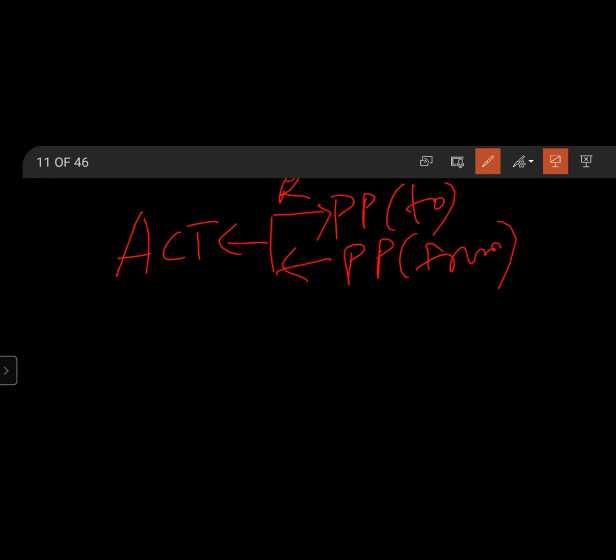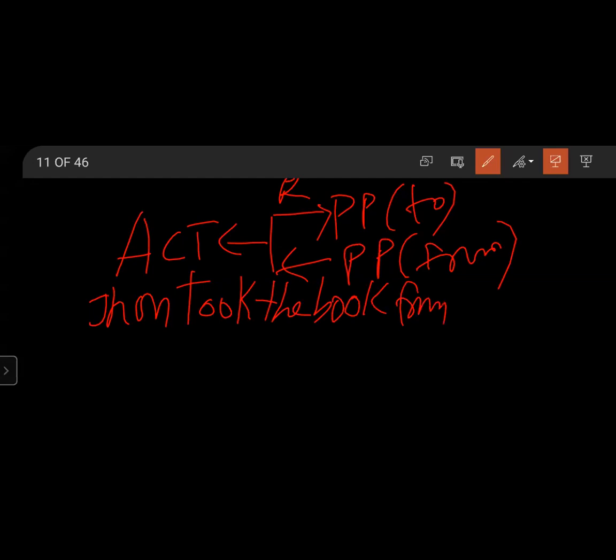R means recipient. For example, John took the book from Mary. To the book, from Mary. Okay. John took the book from Mary.